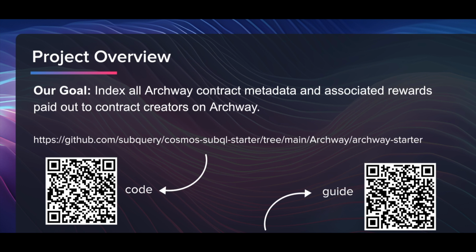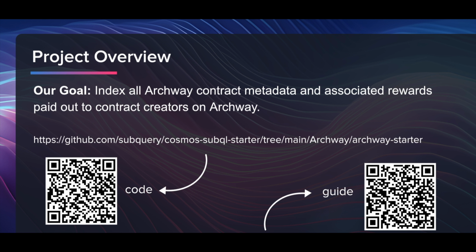So the goal of the demo is to index all Archway contract metadata and associated rewards paid out to contract creators. It was a no-brainer given the fair reward system that Archway is providing. So again, on the left-hand side, you can see a QR code to the starter project.